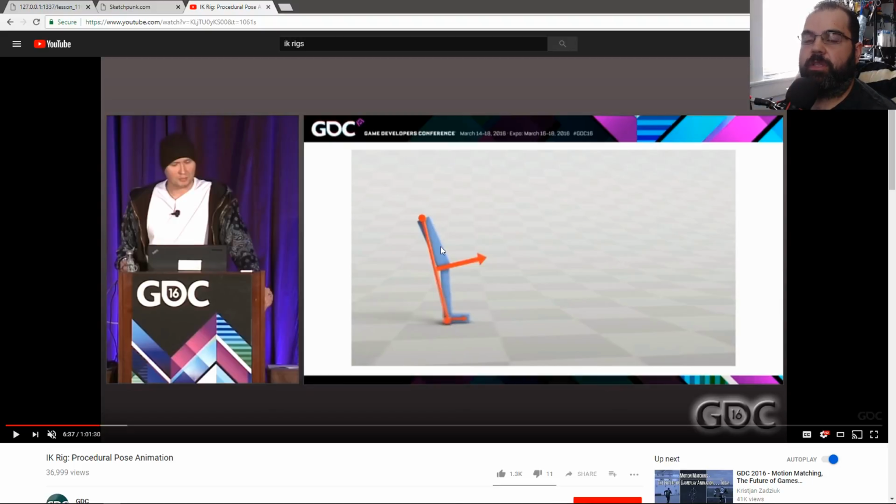But when it comes to the entire leg, it only animates based on these two positions. Like I said, this position is kind of static. This one's the one that's constantly moving, so it's kind of like just a rotating arc. And when this thing rotates in an arc, you kind of have the forward direction anyway, because it's perpendicular to this line. I'm going to use the word correctly, perpendicular.